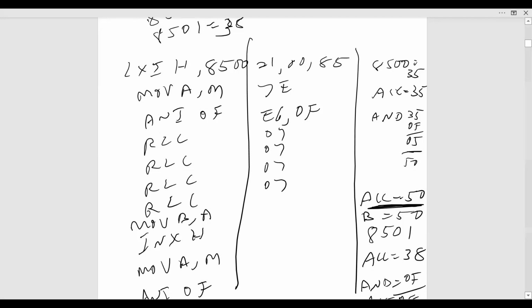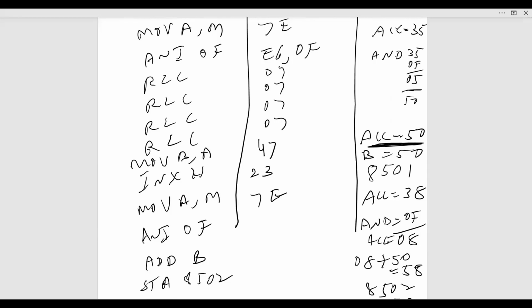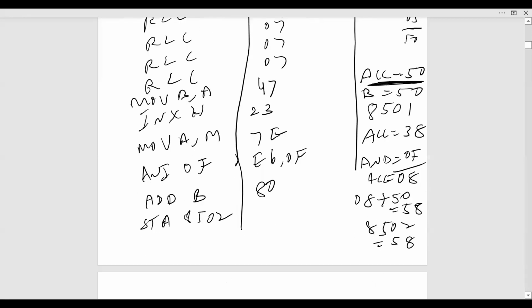Move B comma A, 47. Increment H, 23. Move A comma M, 7E. Again ANI 0F, that is E6 0F. Add B, 80, and STA 8502, 32 02 85.